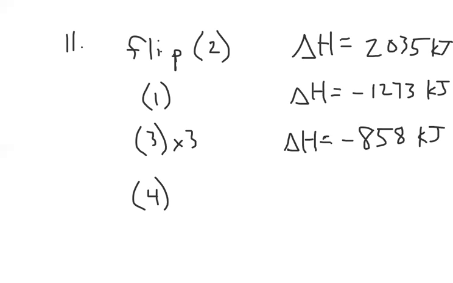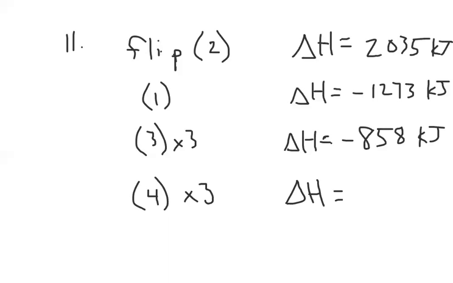I was looking at the waters, using this to cancel out those 3 H2O liquids on the left and the 3 H2O gas on the, sorry, the liquids on the right, the gases on the left. So we're going to have to take number 4 and multiply it by 3 so everything cancels out.